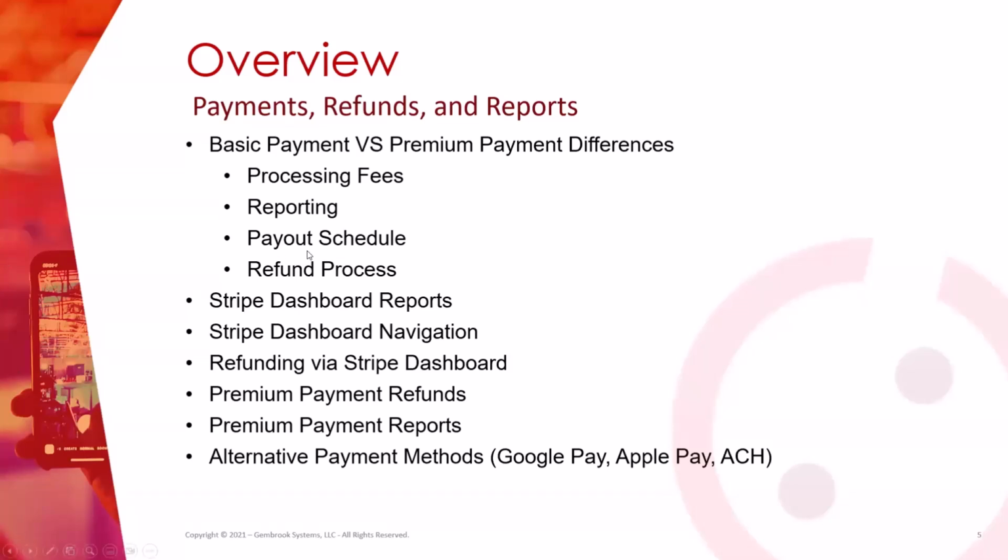Oh, I just noticed, sorry, one thing I did leave off on this. It'll show up later in my slide deck. One bullet point I left off on the basic versus premium is a pretty major difference between basic and premium: the option to divvy out funds to different bank accounts. So if you are a basic user, if you're using the Stripe Basic or the Club Express Basic Payments option, it only has the ability to submit funds to one bank account.